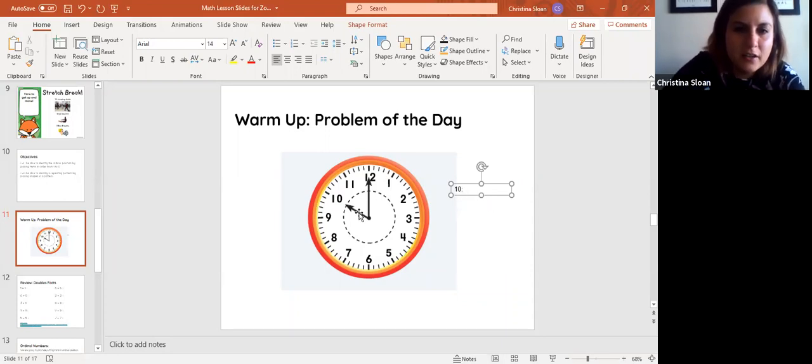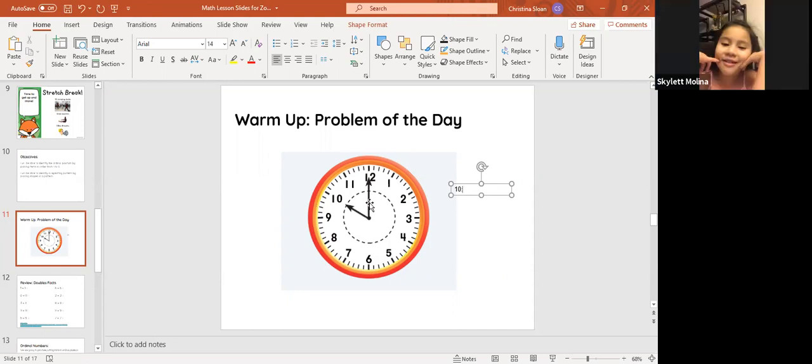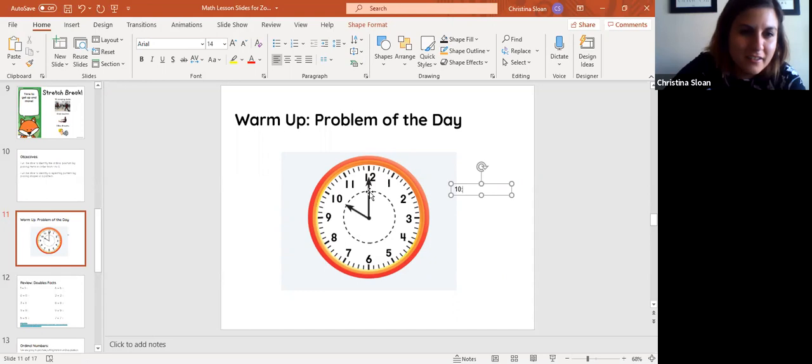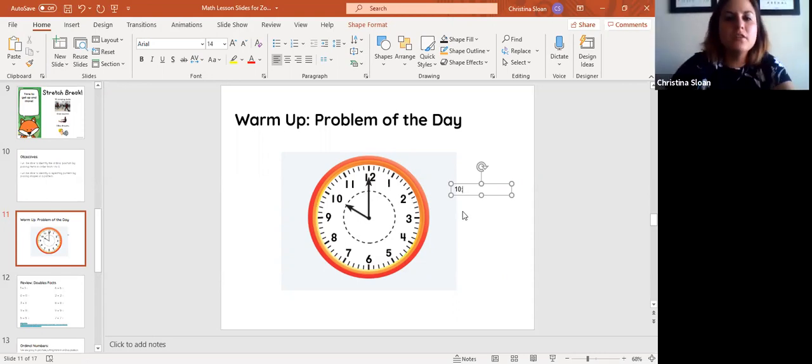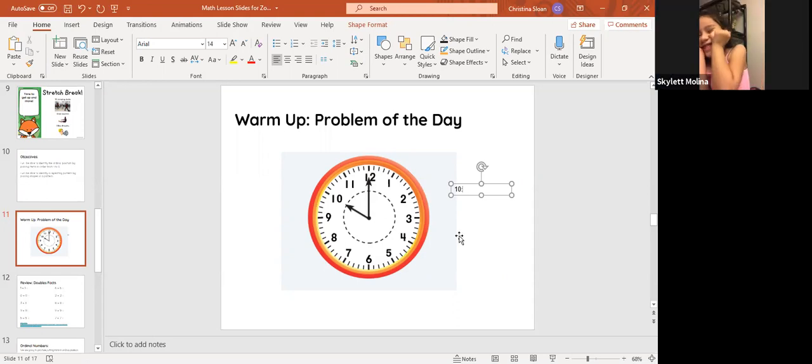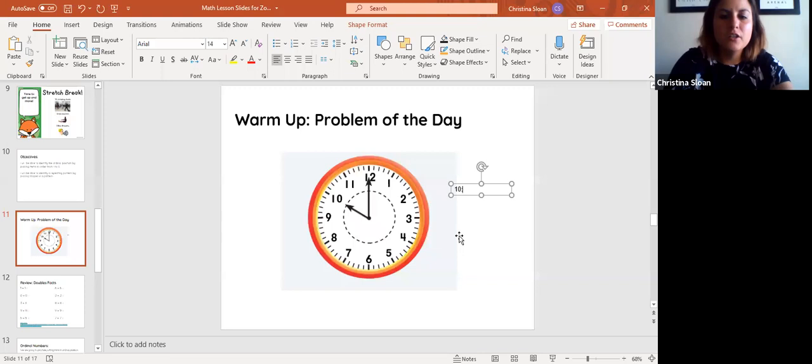And you said that the long hand was pointing at what number? Remember you guys counted? 12. 12, nice job. So if it's 12, we know that when the big hand is on 12, the minute is actually 0. So the hour is 10 and the minute is 0.